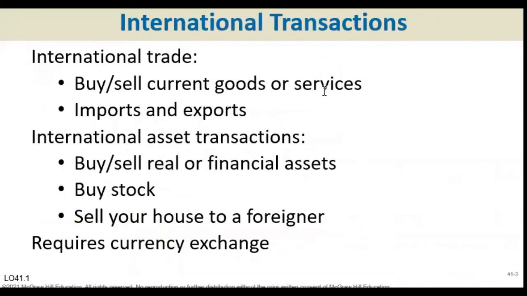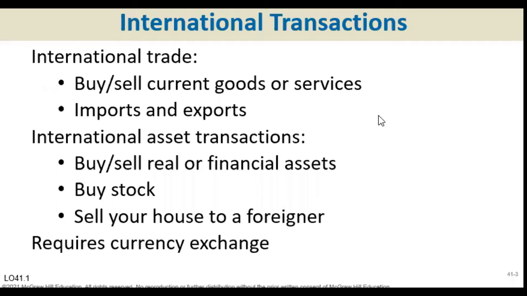So, international transactions. When individuals or countries participating in a transaction use the same currency, the transaction exchange is a simple model of both countries exchanging goods, because the currency is the same.